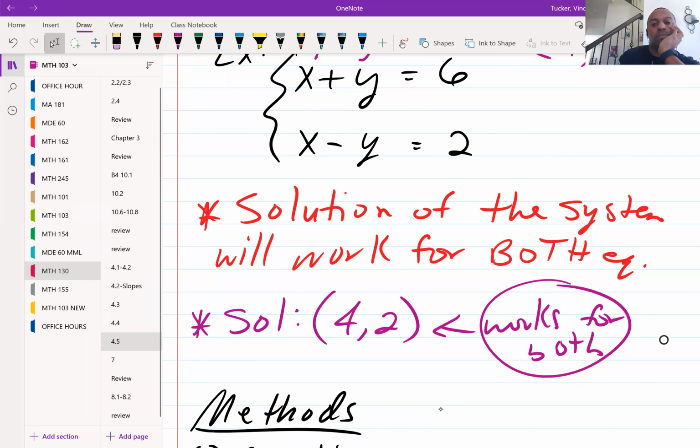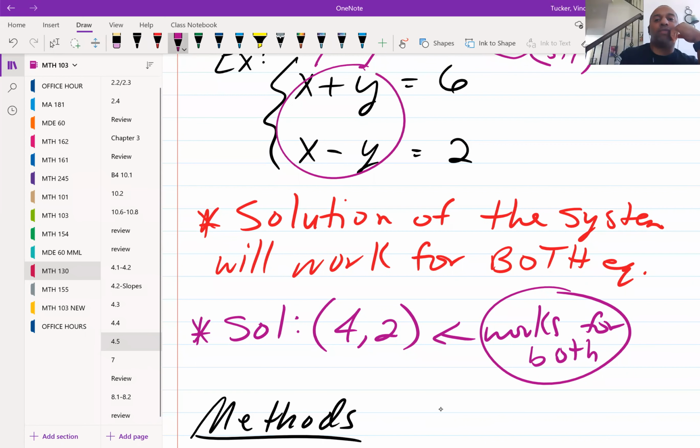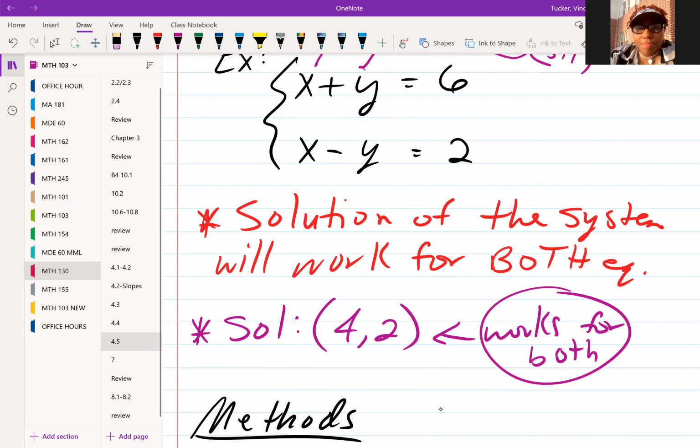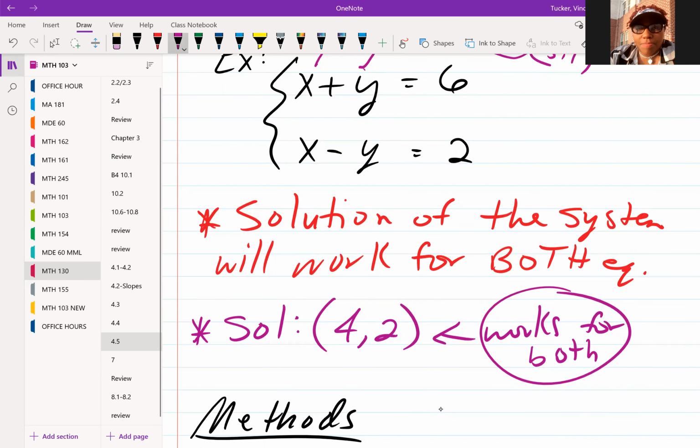Okay. So a solution is always going to be two numbers, not just 4, because you have two variables, x and y. Before, all we had was one variable, it would just be x or just be y by itself. But now we have two variables, so you need x and y.